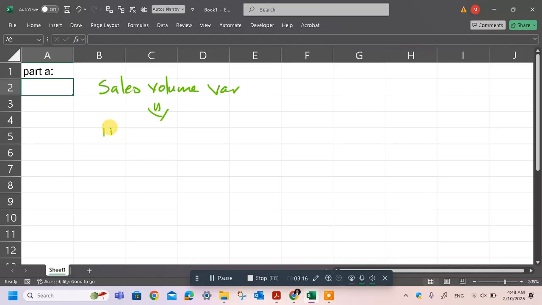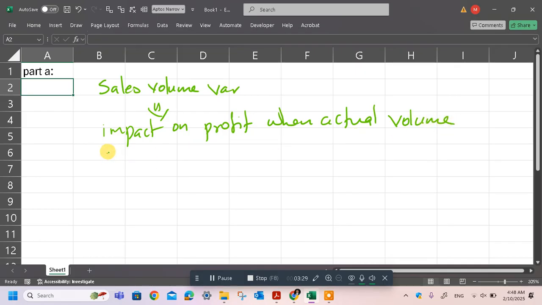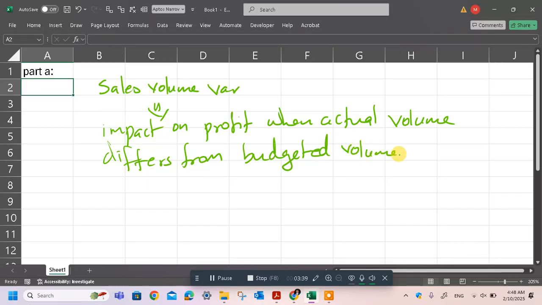That is the impact on profit when actual volume differs from budgeted volume. This is what sales volume variance is.